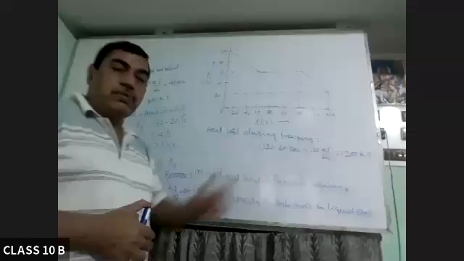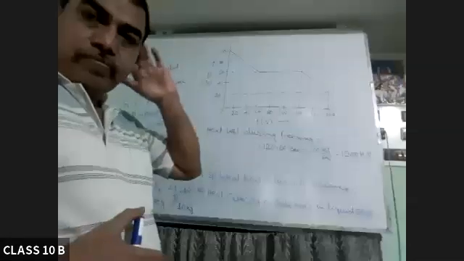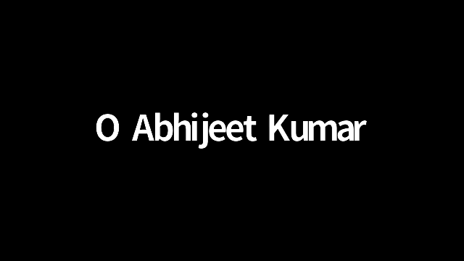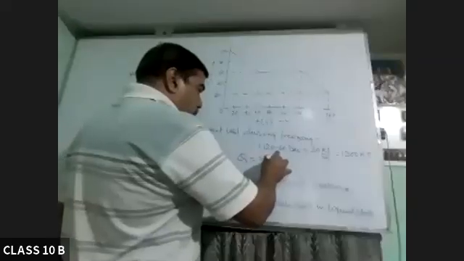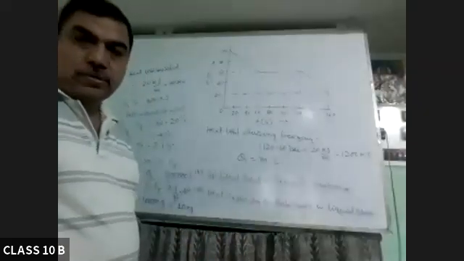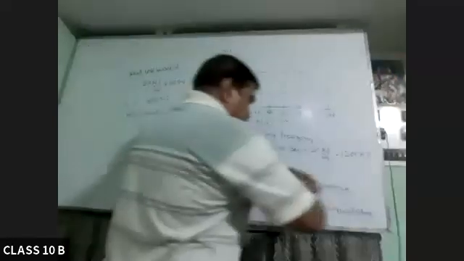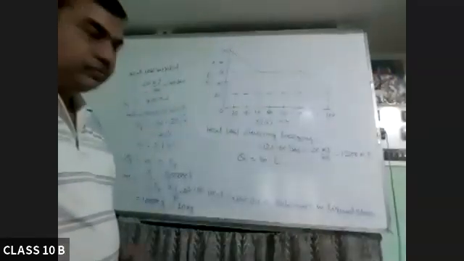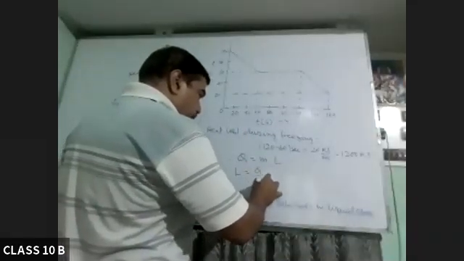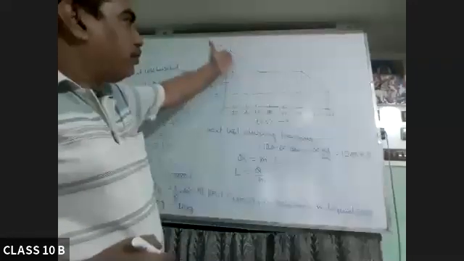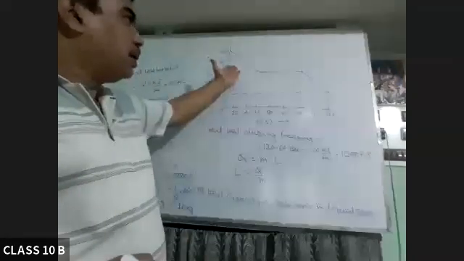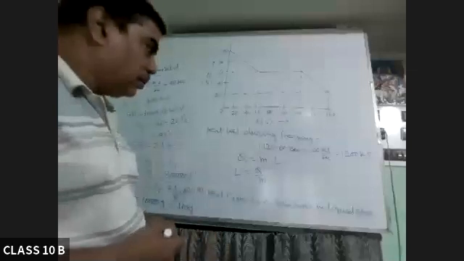1200 kilojoule is the heat loss during freezing. Now, we know the formula: heat loss during freezing is mass into specific latent heat. So this Q is M into L. This L you are asked, so L will be Q over M. Whatever mass of liquid is there will be converted into the same mass of solid.